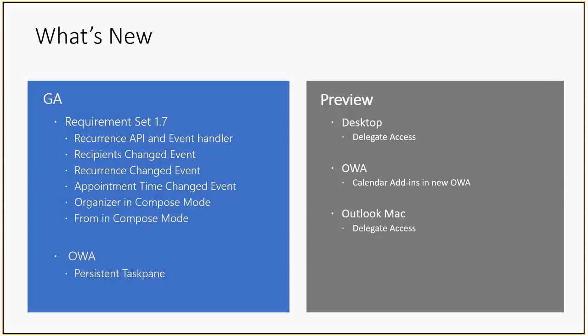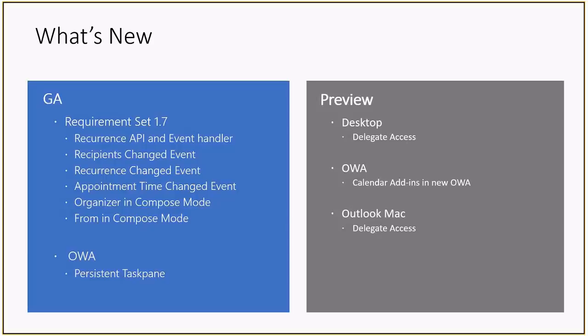Some of you may be following the announcement we made at Ignite regarding the availability of the new Outlook for Web experience to targeted release, which is about 10% of our overall enterprise audience.